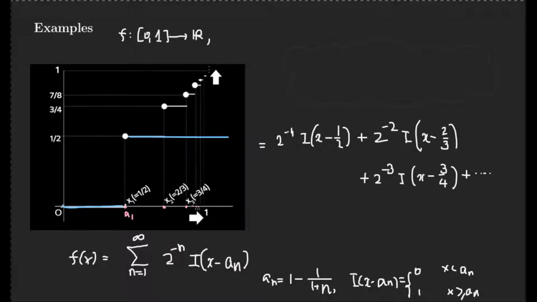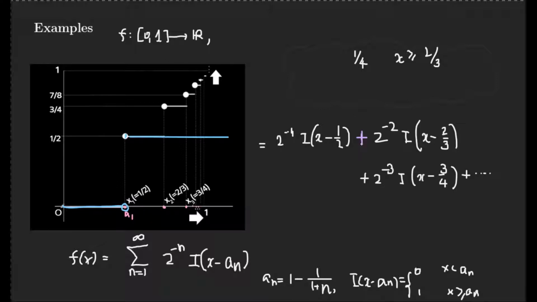The important point is that the given point is not defined, but this point is defined, by the definition of the function. If you consider the next term, if x is more than 2 over 3, it spits out 1, multiplied by 1 over 4. But the important point is that this is a summation.